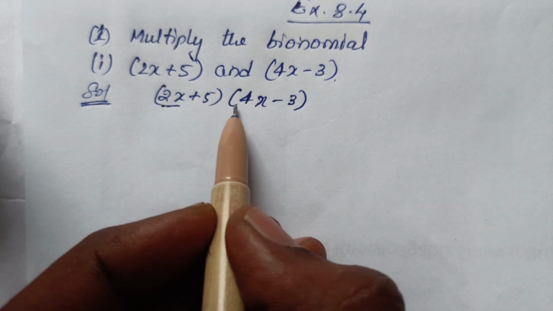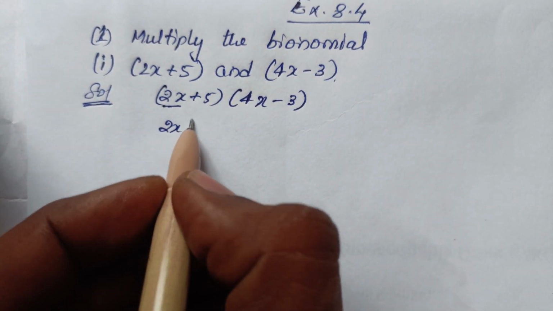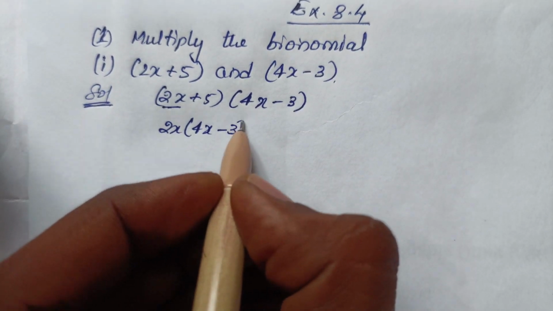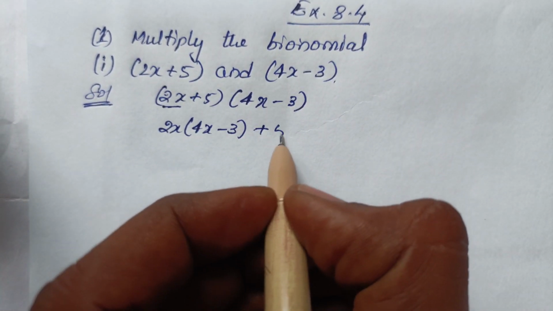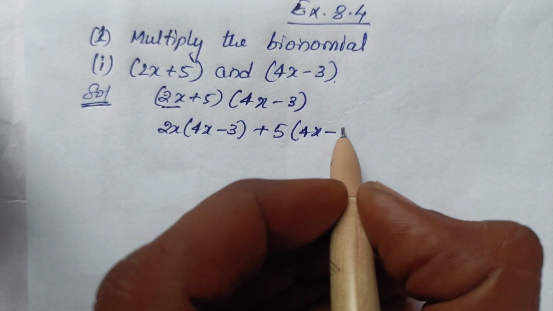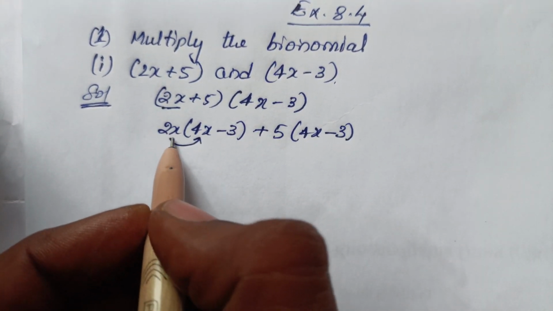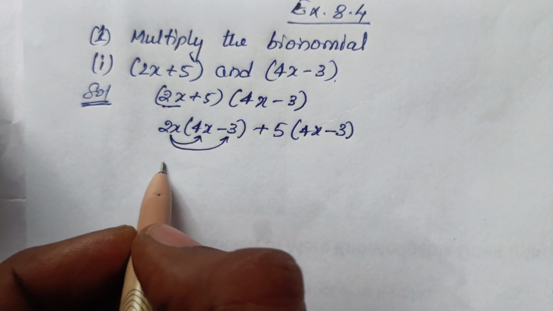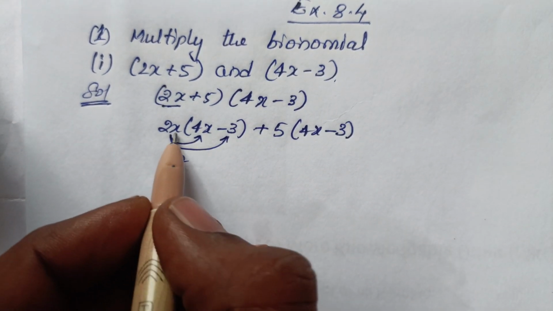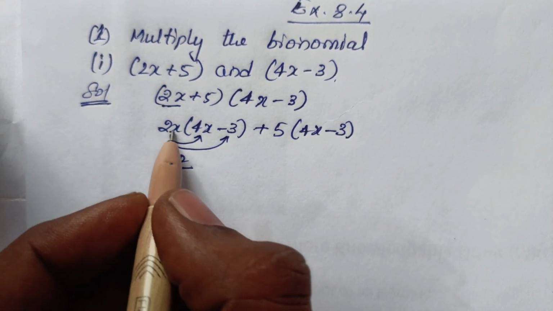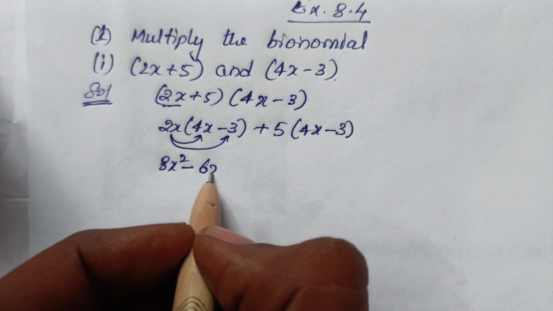Let's write down this term with both the terms, that is 2x into (4x - 3) plus 5 into (4x - 3). Now multiply this term with this, again this term with this. 2 4s are 8, x into x is x square, plus into minus is minus, 2 3s are 6, x as it is.